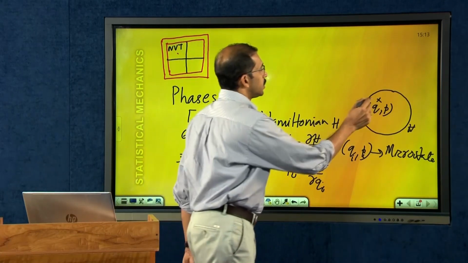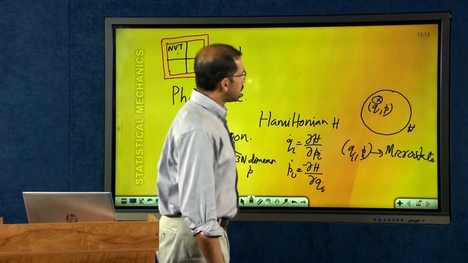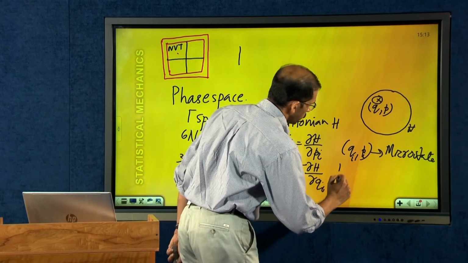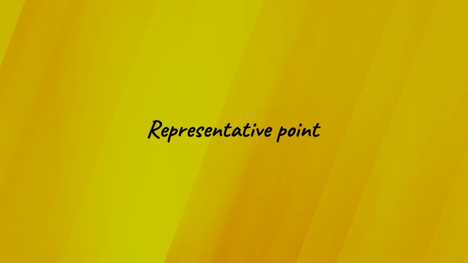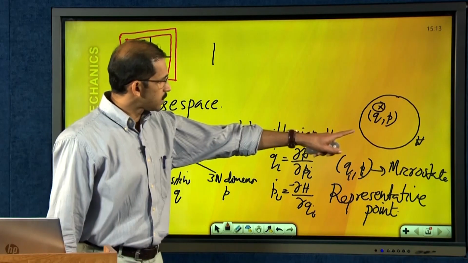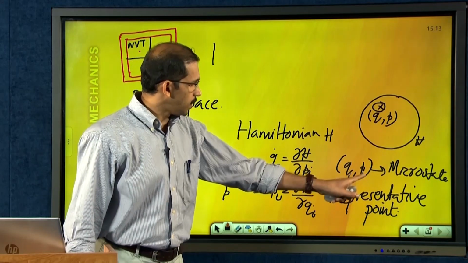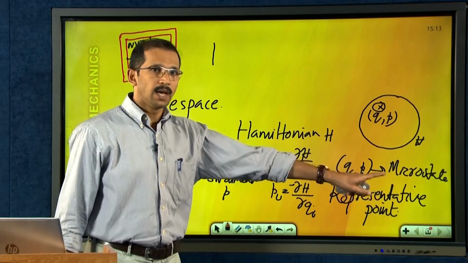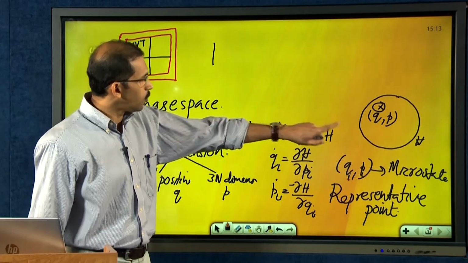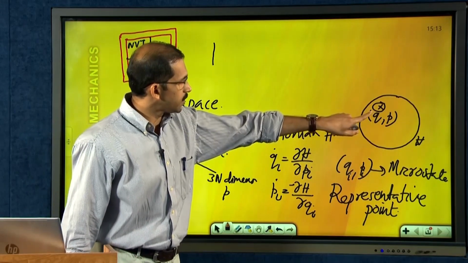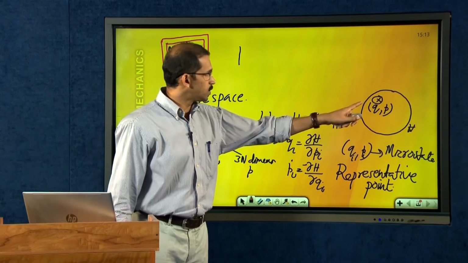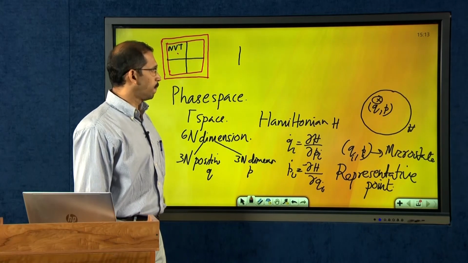This point can therefore be termed the representative point. So, in the hypersurface, qi pi represents a microstate, and that microstate can be represented by a representative point, as shown here.